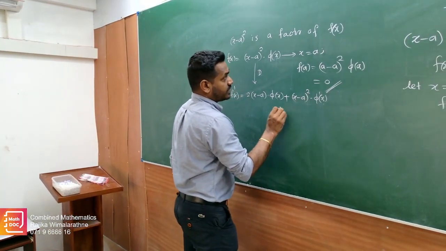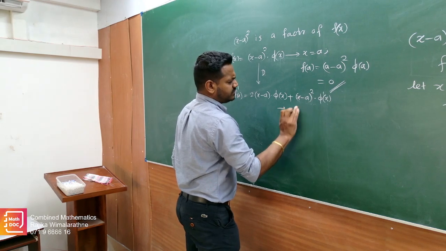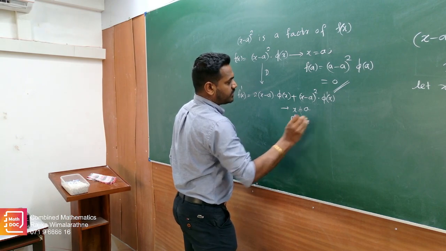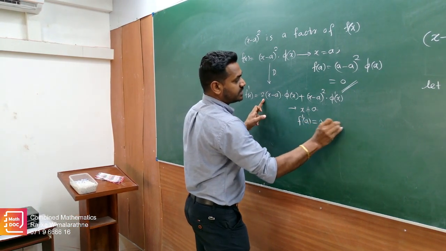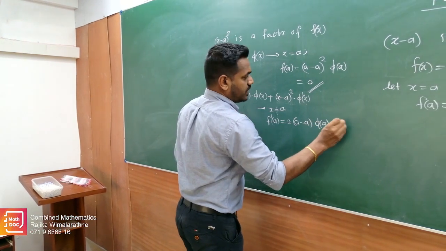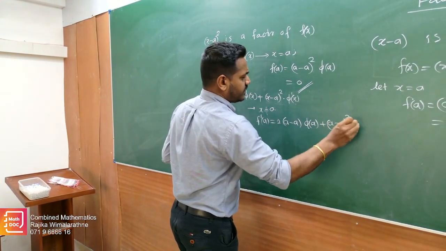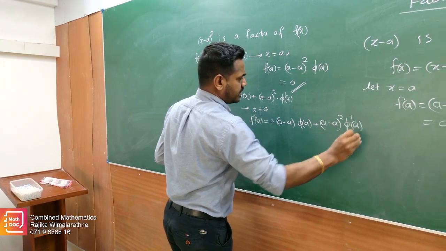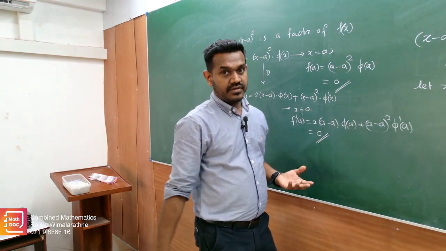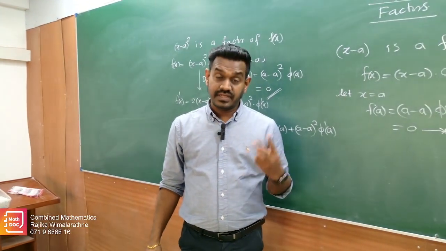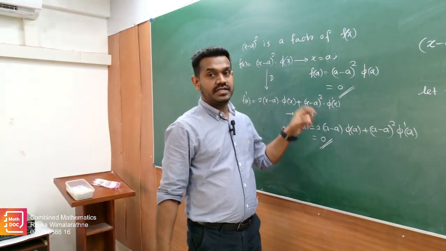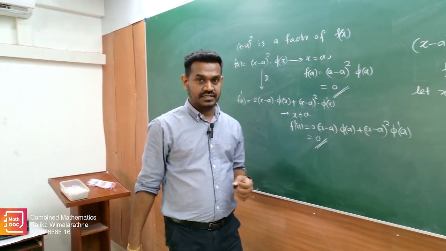Then f dash a equals 2 times (a minus a) phi(a) plus (a minus a) squared phi dash(a), and fully this is 0. Remember, when we have a twice repeated factor, that means (x minus a) squared, then f(a) is 0 and similarly f dash a is 0.